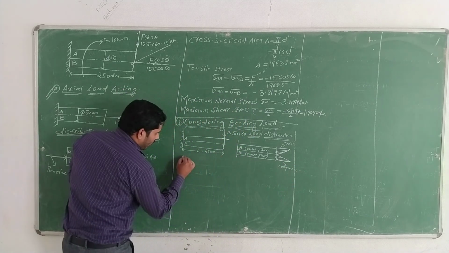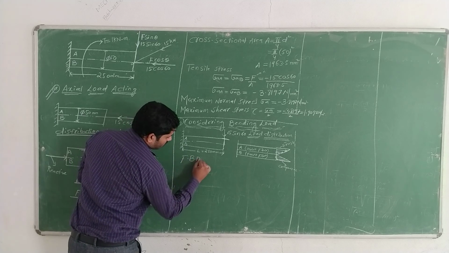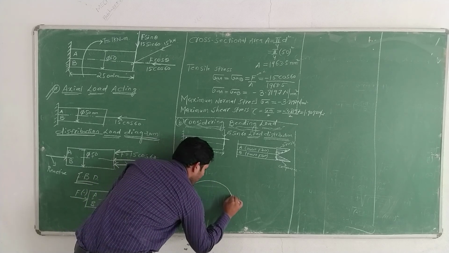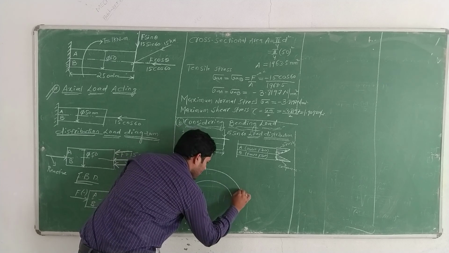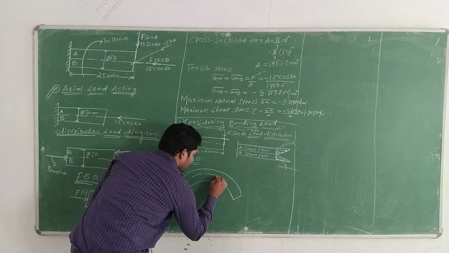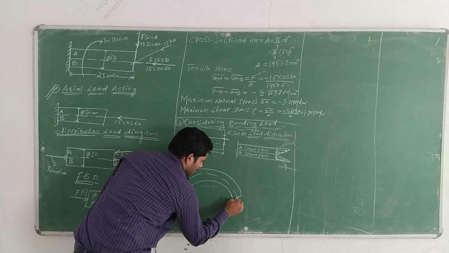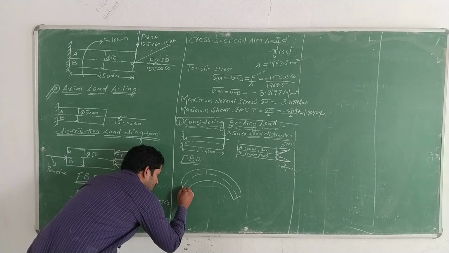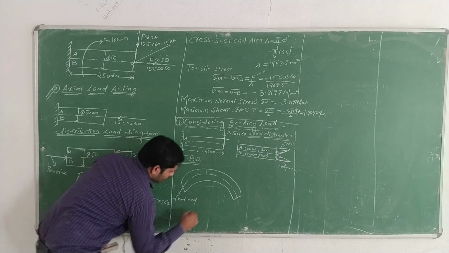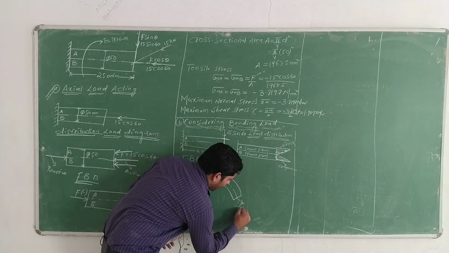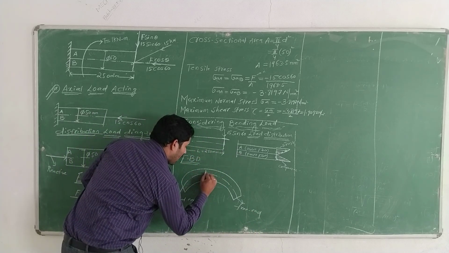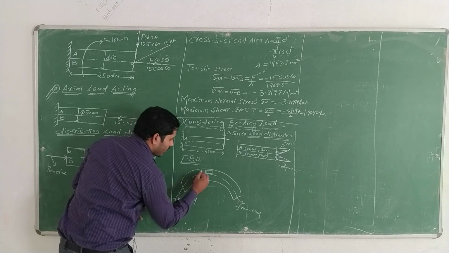Again, if you want to draw the free body diagram, let us see. This one we can say is the fixed end, and this one is the free end. Above we can say is the outer fiber.